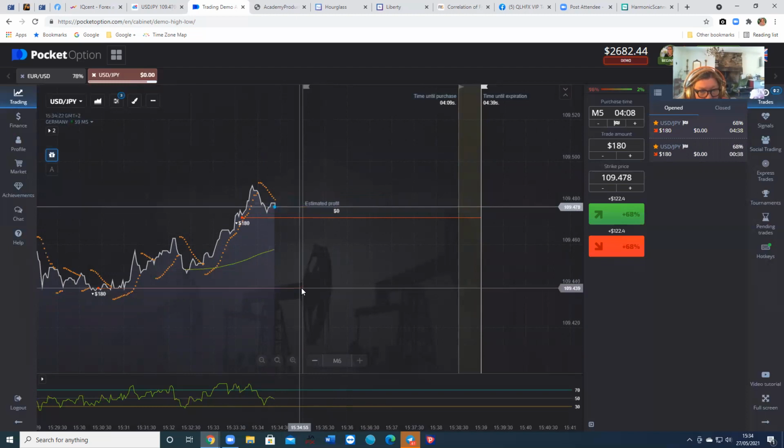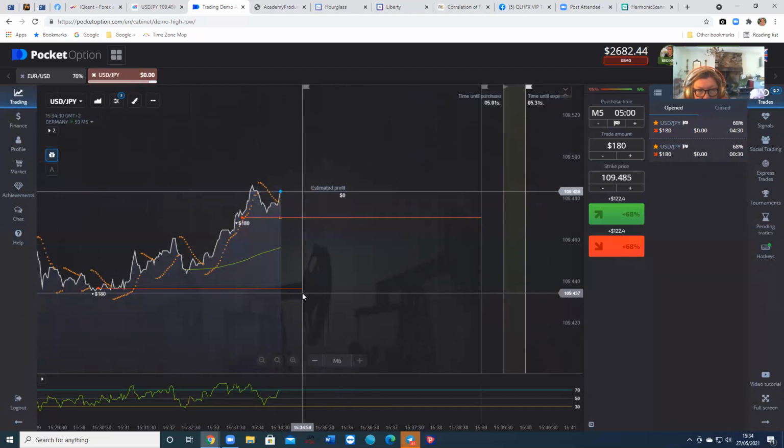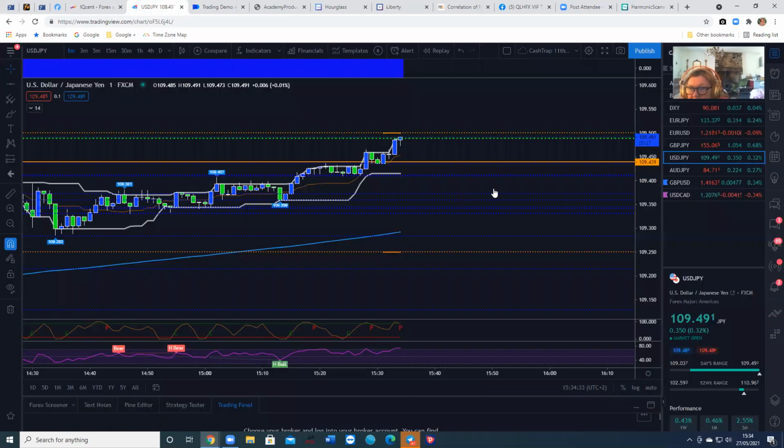So that one I'm going to lose. 485. So let me look and see. Oh, it really has pushed up. So that's going up there. Let's just see what happens on this next candle.